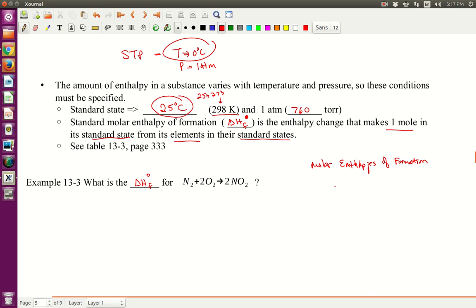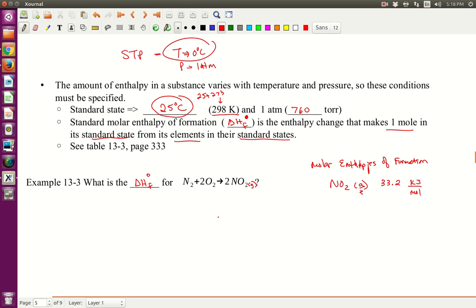And one of them is for NO2 gas, and it's a gas here. I didn't write it in this formula, but it is a gas. You have to look at the state that it's in. The heat of formation for nitrogen dioxide is 33.2, and the unit is kilojoules per mole. What does that mean? It takes 33.2 kilojoules of energy for every 1 mole to create nitrogen dioxide.